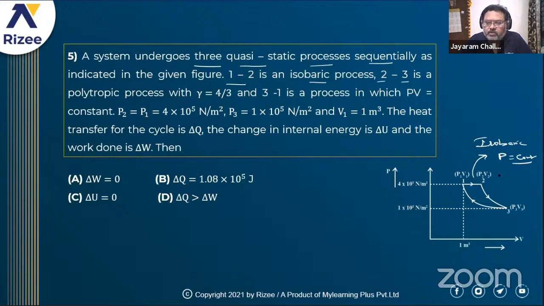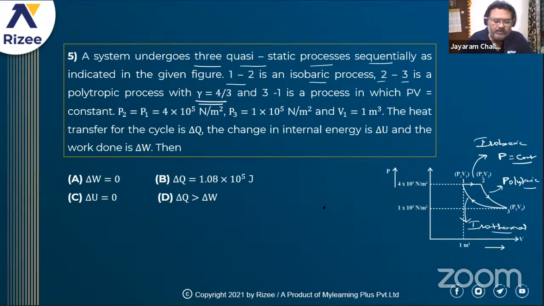The next process, 2 to 3, is a polytropic process, with the gamma value also provided to us. 3 to 1 is PV equal to constant, in the sense it should be an isothermal process.